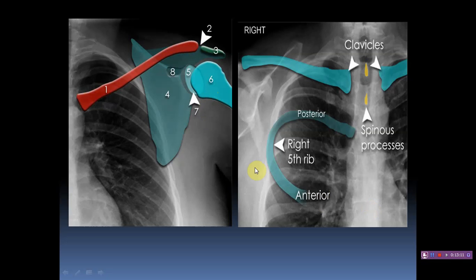At the same time, in the other image you can see the clavicle, and the yellow shadow which you are seeing is a spinous process.